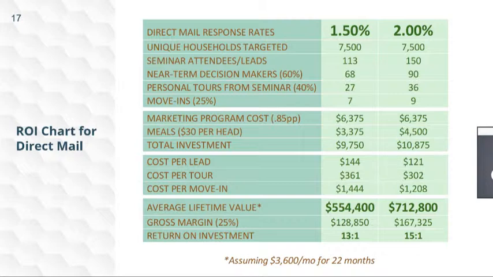And this is not the type of campaign that you do, this is not your monthly marketing event that you've got on the calendar that the community teams need to execute. One, of course, it's cost prohibitive, but two, because you're going to yield an influx of leads. I mean, when you think about 68 families, essentially, you want to make sure your community sales team has the bandwidth to follow up and nurture these leads, because of course it's not the only lead source that's coming in the door.